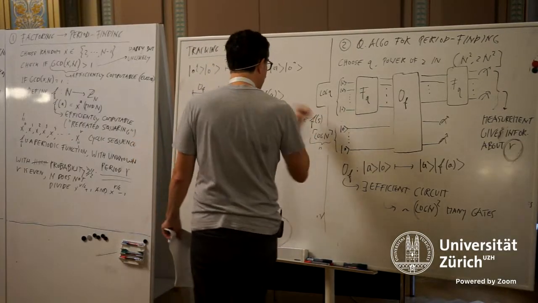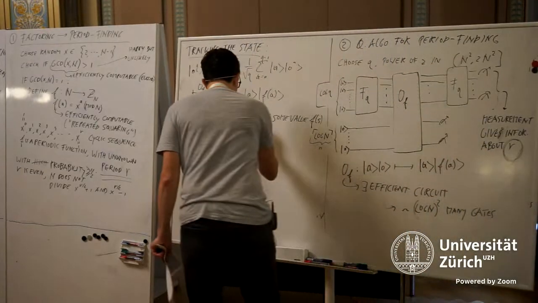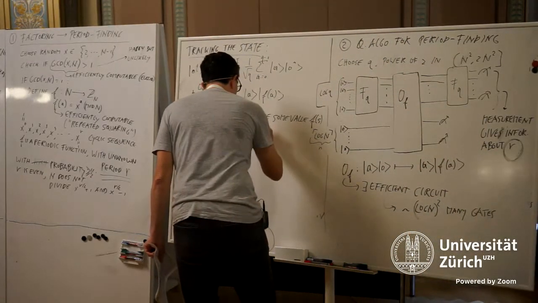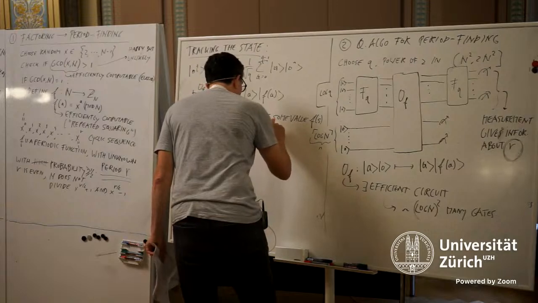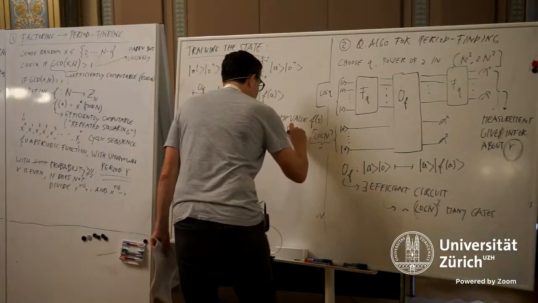It's going to be some value in the range of f, and I don't really know what s is. So s is an unknown number between 0 and r minus 1.